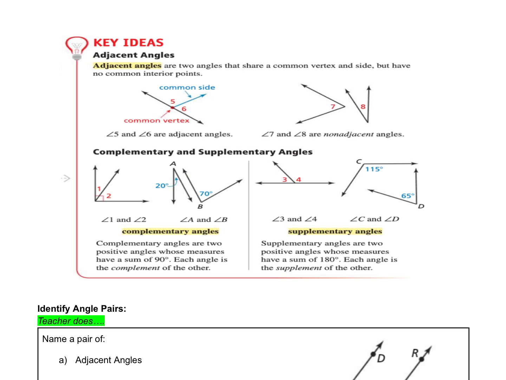Okay. Adjacent angles. They're just next to each other. That's all that means. Adjacent angles are next to each other. So 5 and 6 are adjacent. They share a side. They share a vertex. They're next to each other. The next 2 words are really important.